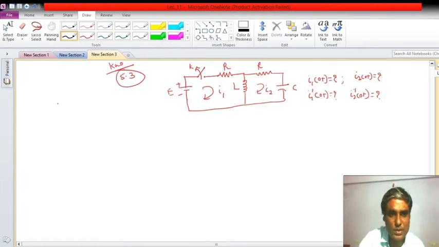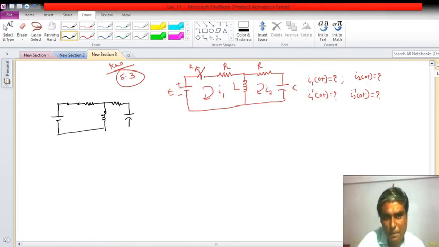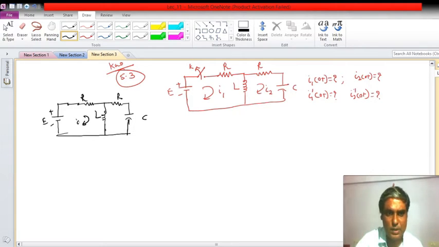So in this case the circuit looks like this: the switch is closed, then there is R, inductor, and R, capacitor. This was E, R, R, L and C. This was I1 and I2.